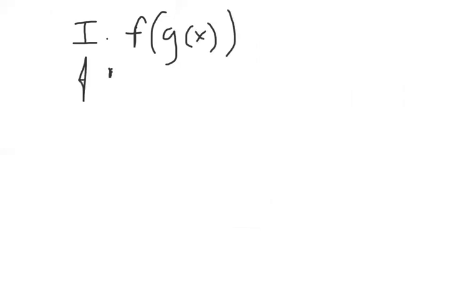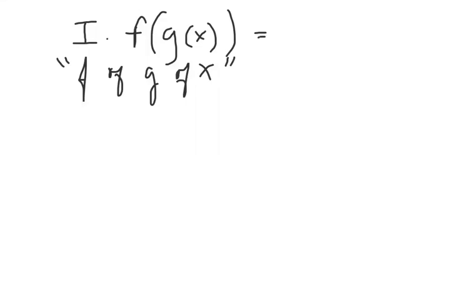So guys, listen, these composite functions, there are two basic composite functions. The first one is the f of g of x. Here, let me write this down for you. F of g of x. That's how you say that, guys. F of g of x.